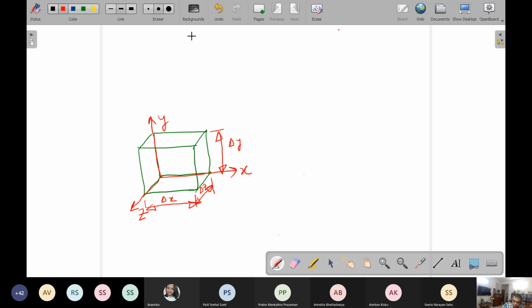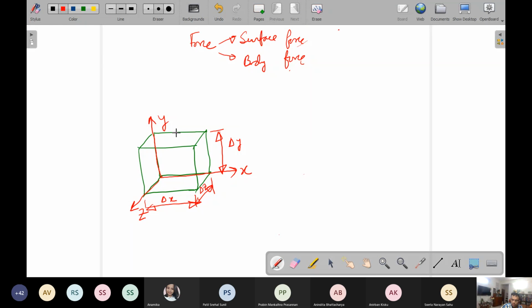When you have a material, in terms of mechanics, there could be broadly two types of forces. One is called a surface force. Another is called a body force. So what is a surface force? A surface force is something which acts over the surfaces that are encapsulating a volume of the fluid in this case.